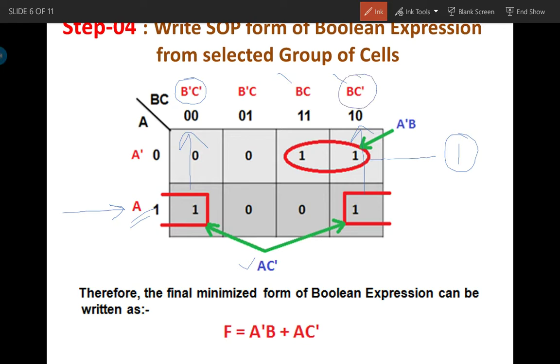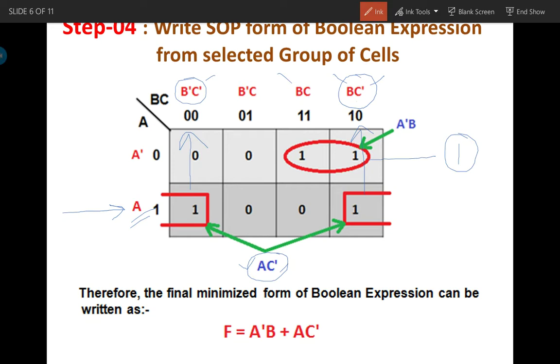Again we look at the common variable. Out of the two, the common variable is C bar, so we write here C bar. So we define the product term A C bar.